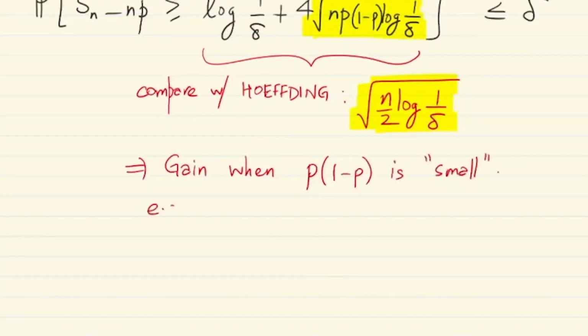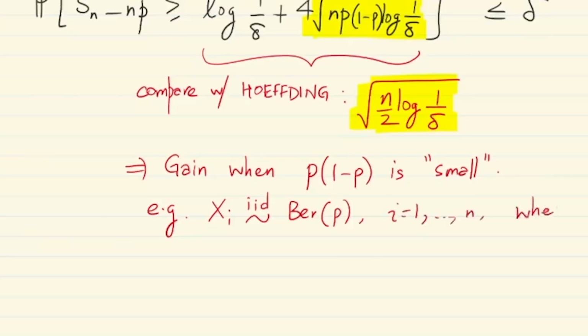For example, there could be n Bernoulli random variables xi, iid Bernoulli p, i equal to 1 to n, where let's say the variance of xi is for instance 1 over n itself.